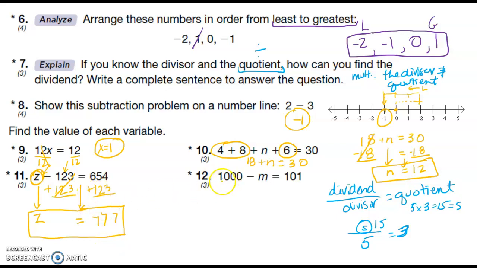Okay, and we have an opportunity to practice that on 12, where I have the variable in the second spot here. Okay, so I'm not going to solve 12 like I did 11, even though they're both subtraction problems. It's because the commutative and associative properties don't work with subtraction or division that we have special cases there.